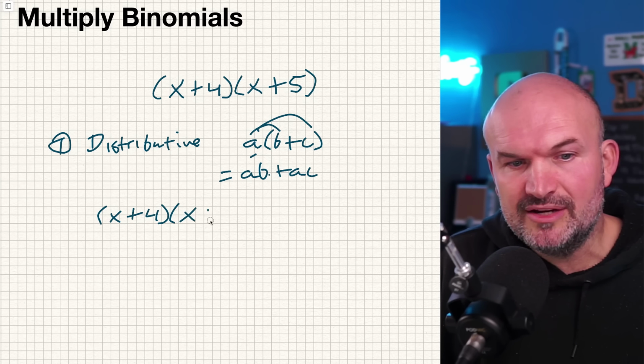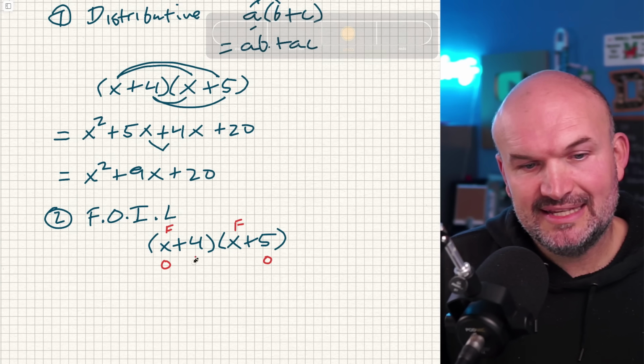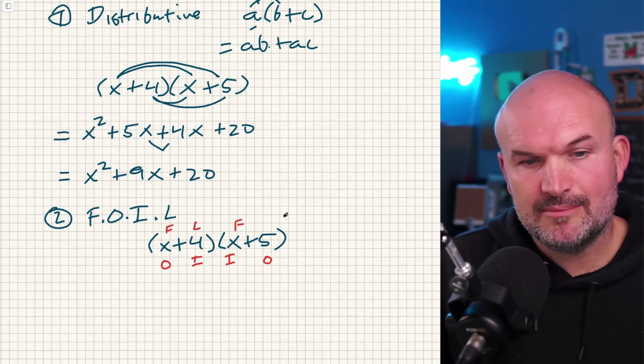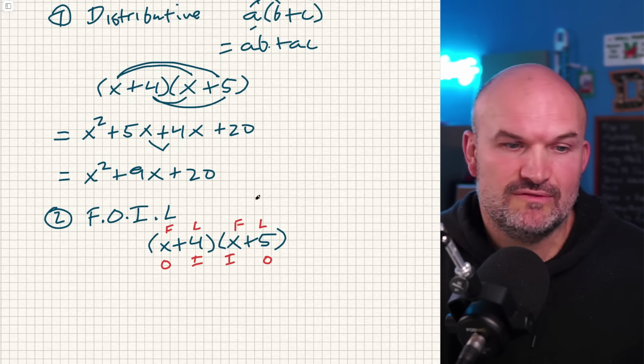When we're talking about the first terms, we're talking about the first terms of each binomial. When we're talking about the outer, we're talking about the outer terms of each binomial. When we're talking about the inner, we're talking about the inside terms or the inner terms of our product. And we're talking about the last two terms of our binomials.